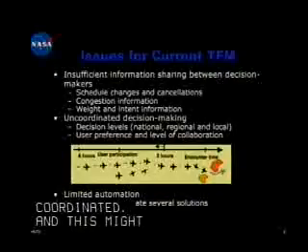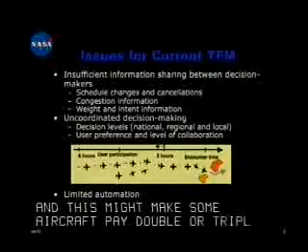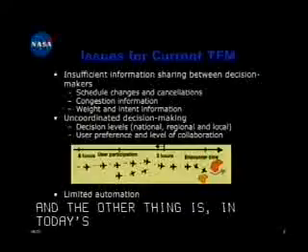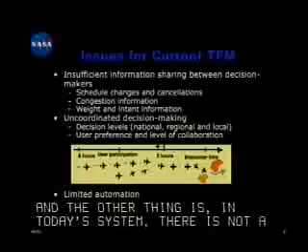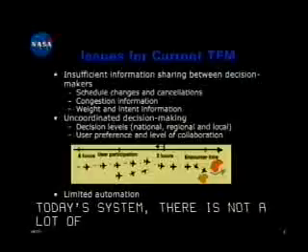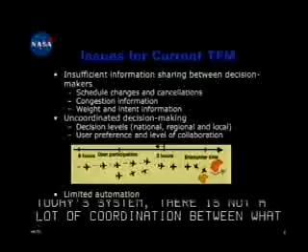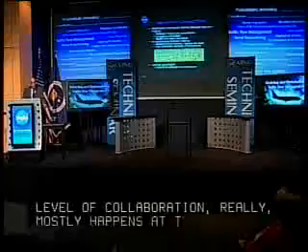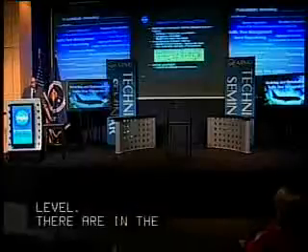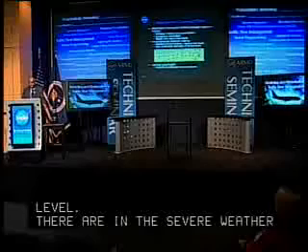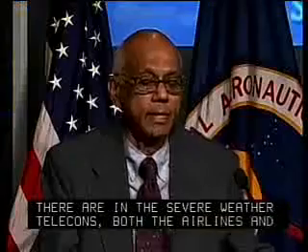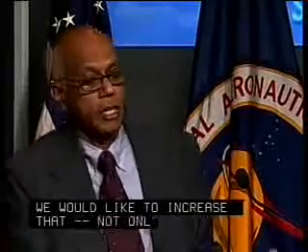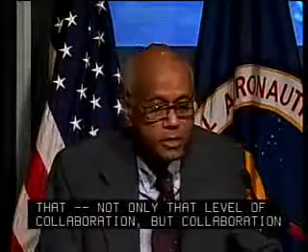And the other thing is, in today's system, there is not a lot of coordination between what the airlines want to do, and the level of collaboration really mostly happens at the national level. There are, in the severe weather telecoms, both the airlines and the FAA participate, and we would like to increase that level of collaboration, but also collaborations even for shorter durations.